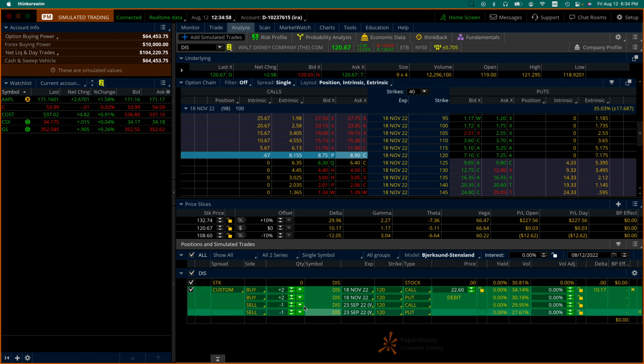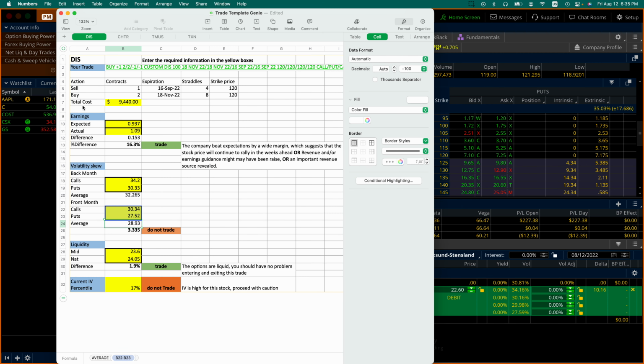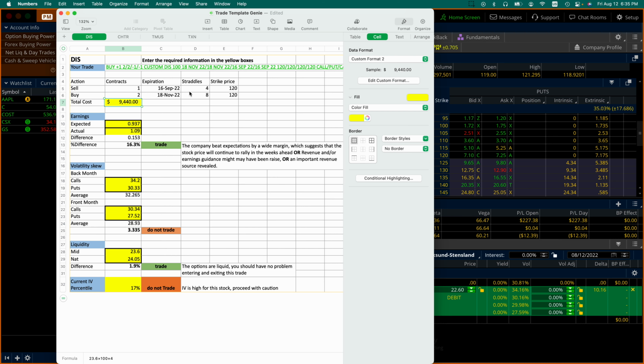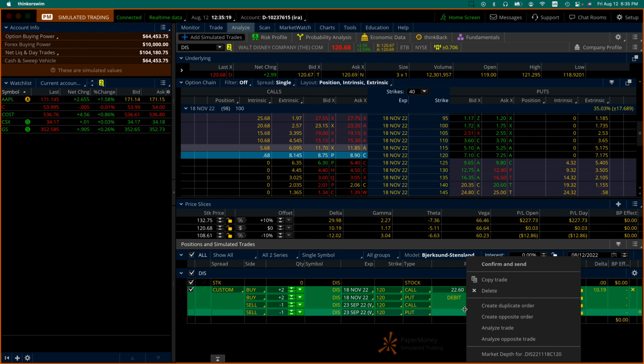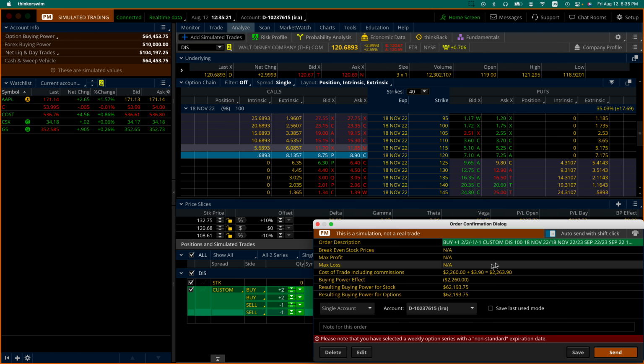Easy. Okay. Now, I said that I'm going to do how many? We said we're going to do 4 straddles, 4 tranches, 4 trades really in one, 4 different genies sent as one. So I'm going to say create, confirm and send.